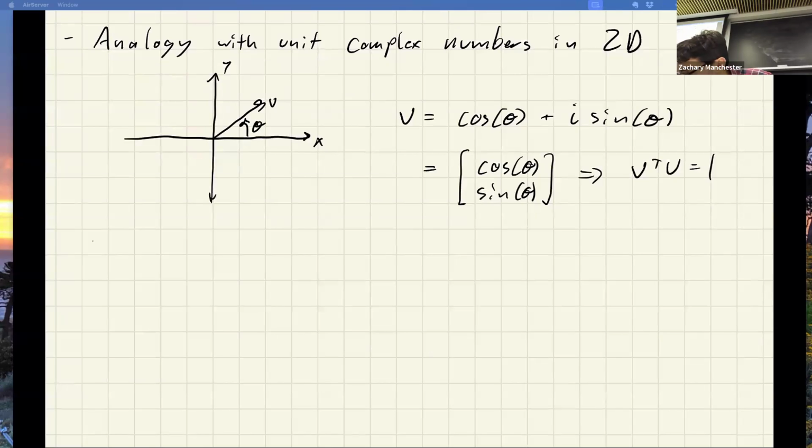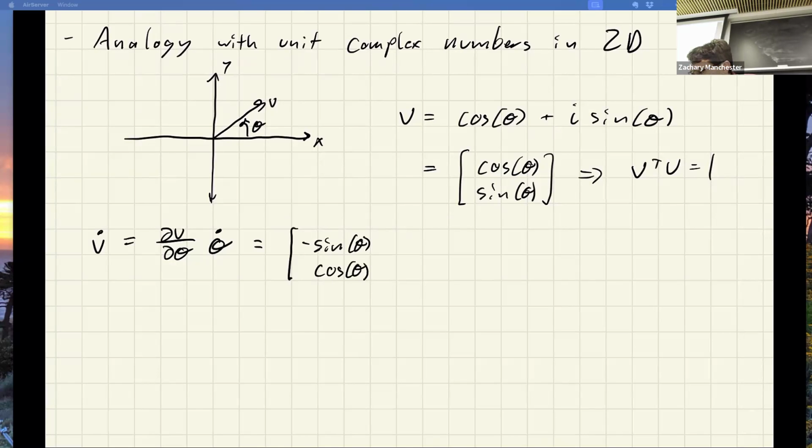If I just apply the chain rule, this is partial v partial theta times theta dot. Writing down partial v partial theta, that's my kinematic Jacobian: minus sine theta, cos theta, times theta dot.